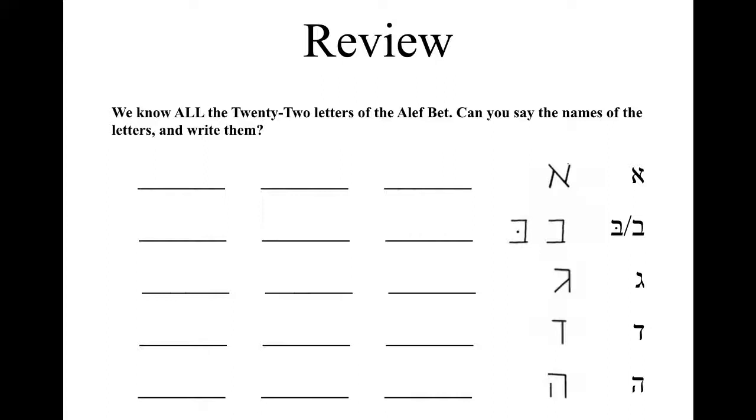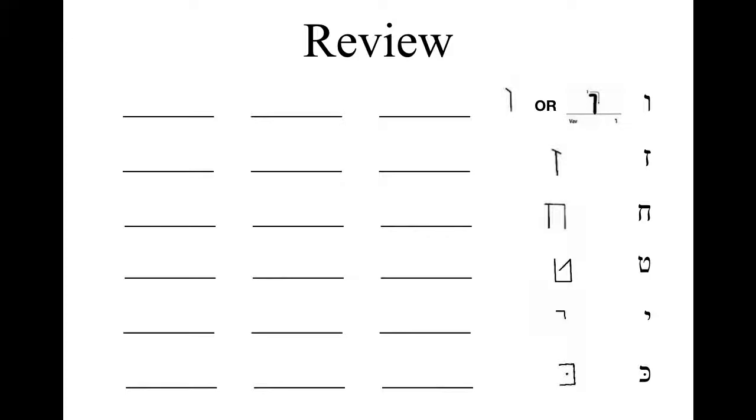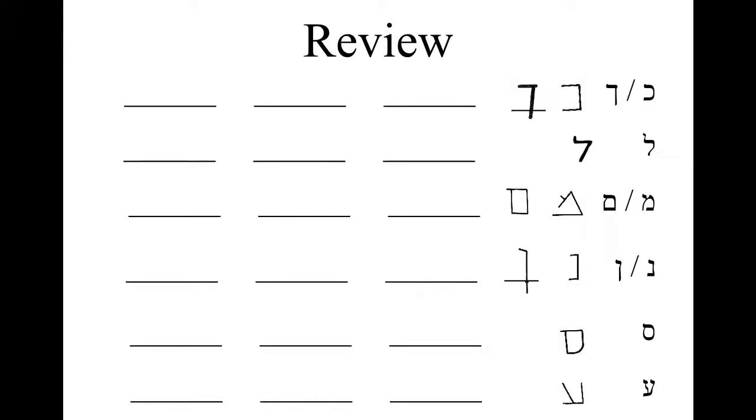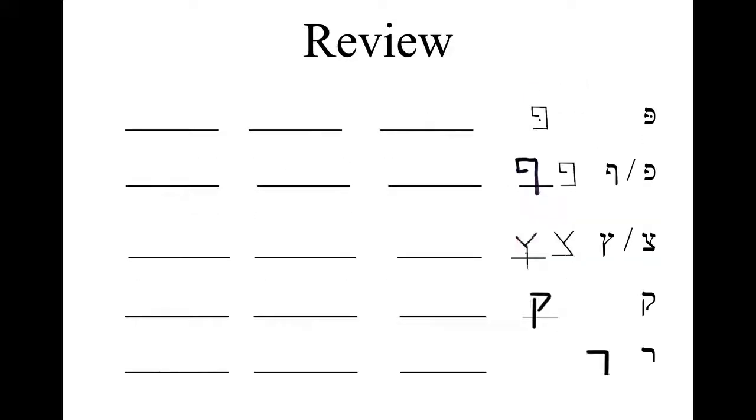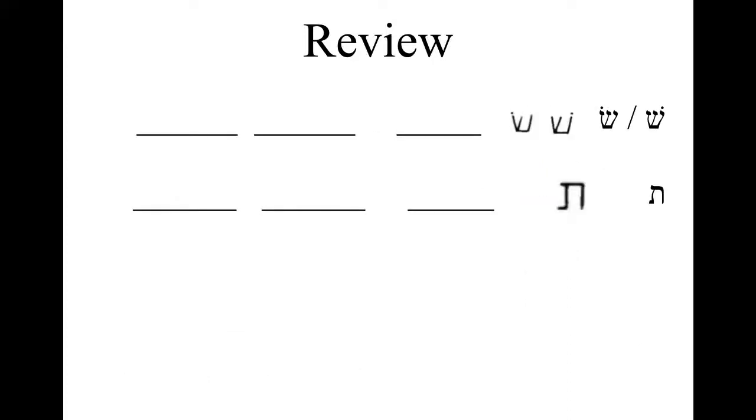We know the Aleph, the Bet, the Vet, the Gimel, the Dalet, the He, the Vav, the Zayin, the Chet, the Tet, the Yod, the Kaf, the Chaf Sofit, the Lamed, the Mem and the Mem Sofit, the Nun and the Nun Sofit, the Samech, the Ayin, the Pei, the Fe and the Fe Sofit, the Zadeh and the Zadeh Sofit, the Kuf, the Resh, the Shin and the Sin, and the Tav.